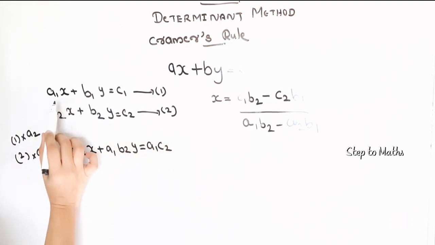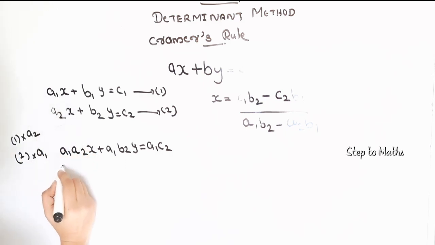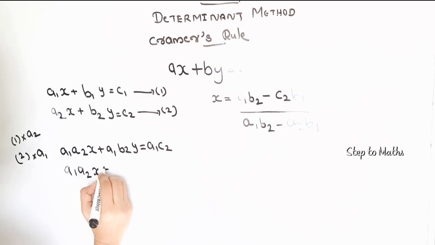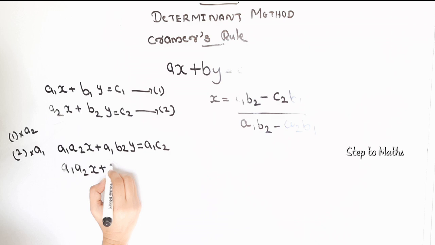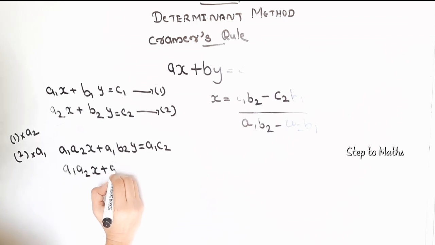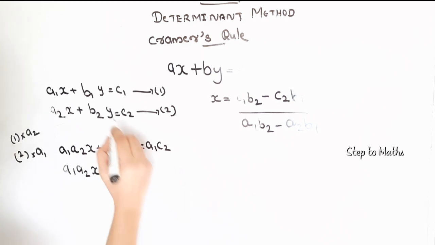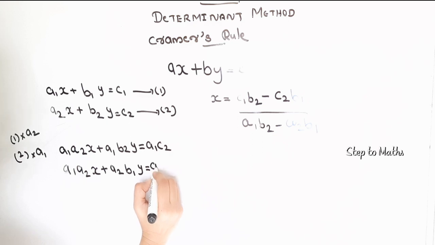And multiply equation 1 by a2. Then equation 1 becomes a1 a2 x plus a2 b1 y equals a2 c1.